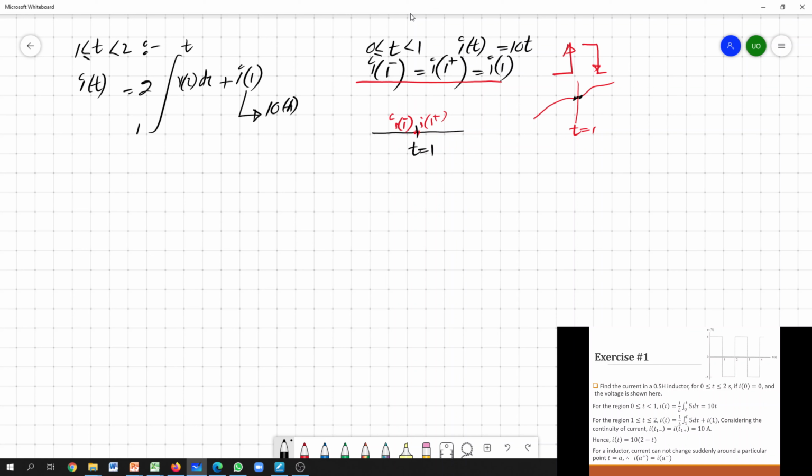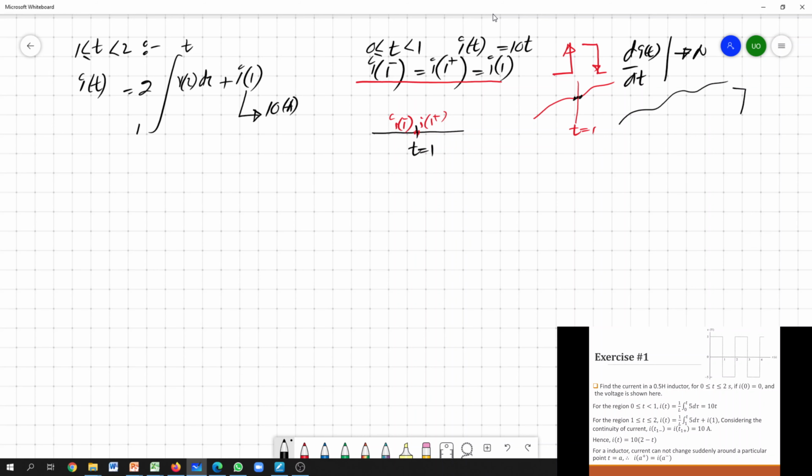Similarly, for voltages in capacitors we can build the same argument, because for inductors we argue that these kinds of situations cannot be managed by them. So at any given time, the current variation of the inductor should be very smooth.